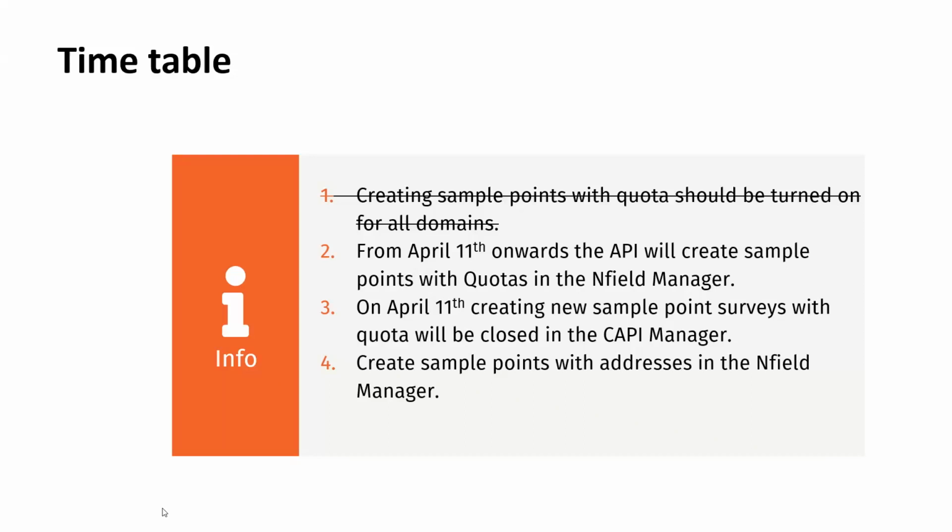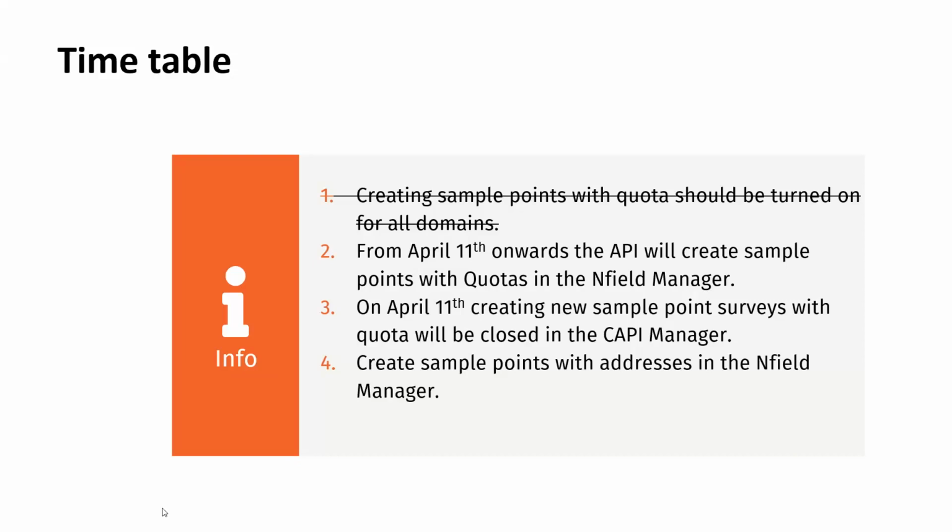From April 11th onwards, that API will create those simple points in the Nfield Manager, so in the new manager. Nothing in your API call will change. That is purely a change in the backend.